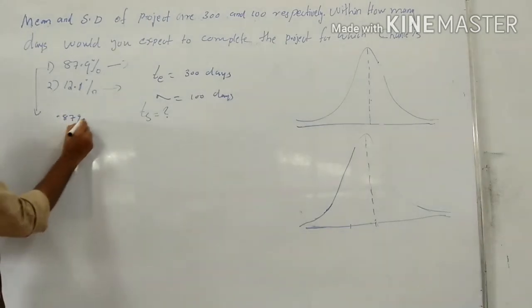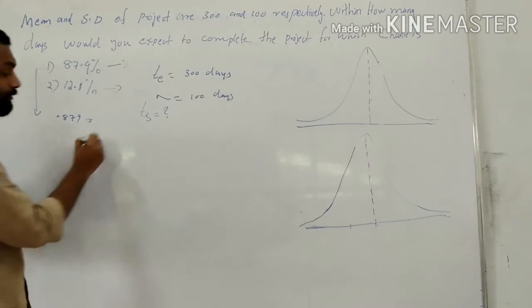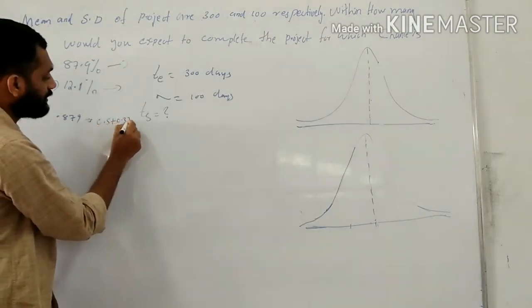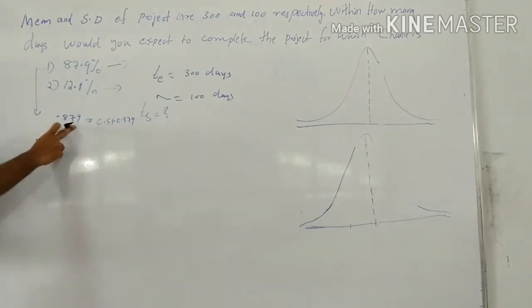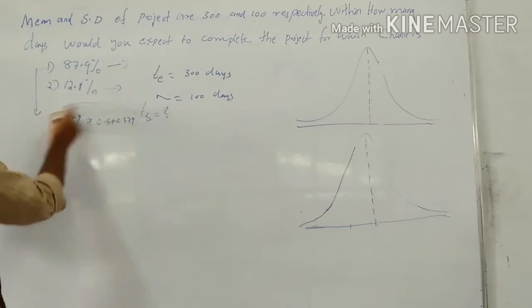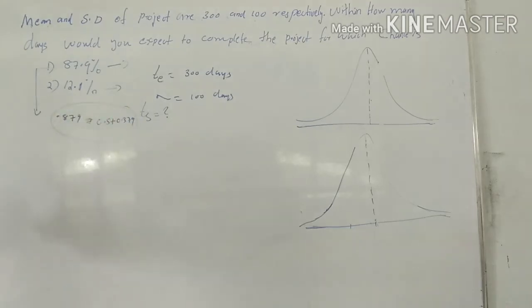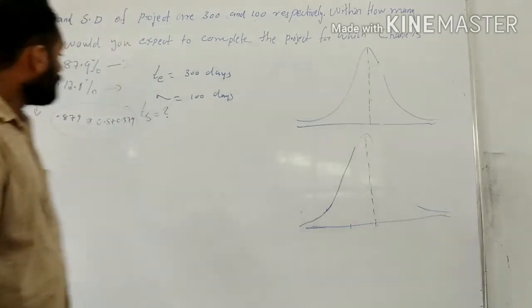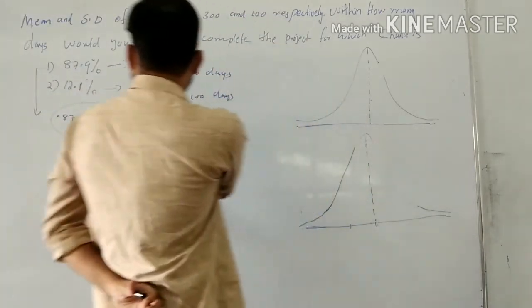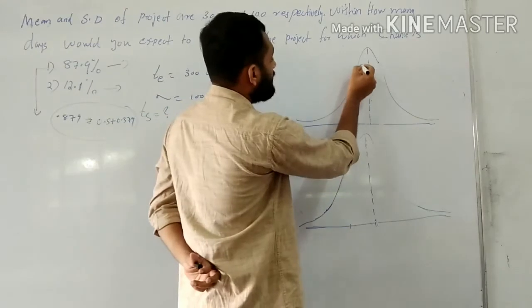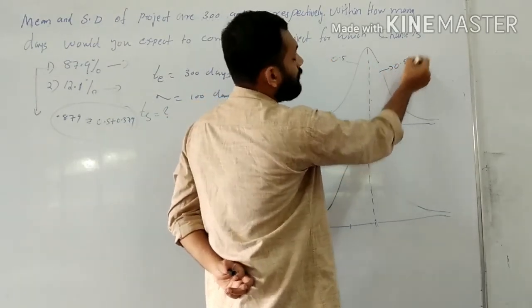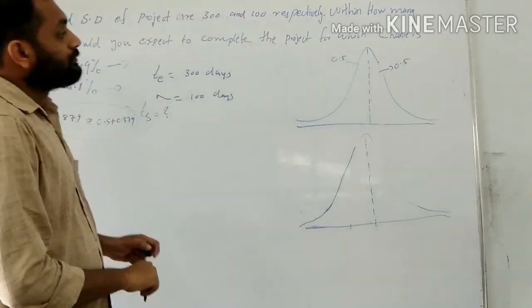The probability 0.879 is equal to 0.5 plus 0.379. In the normal distribution curve, the area is divided into two equal parts, each 0.5.